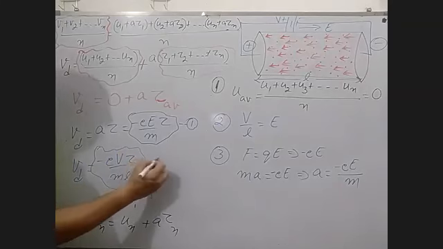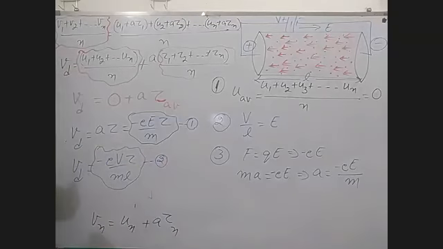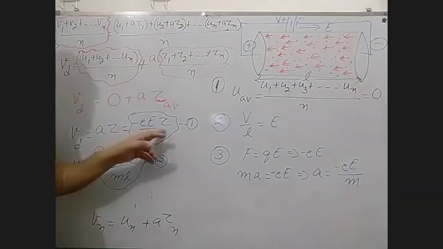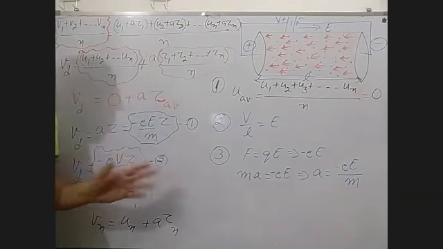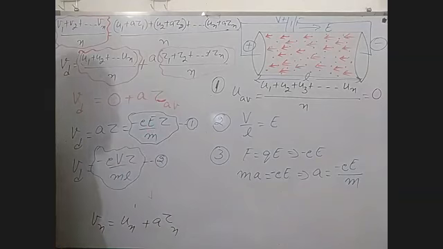Okay, both are the formulas which we use to solve numericals of drift velocity, one in terms of electric field and the other in terms of potential difference. Please note it.